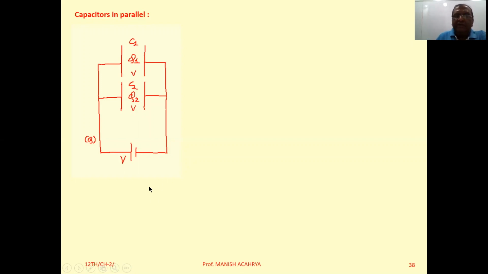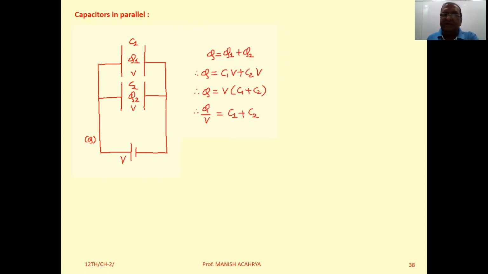Here the total amount of charge supplied by the source is Q, and it is distributed in two parts, Q1 and Q2. So simply we can write the equation Q equal to Q1 plus Q2.